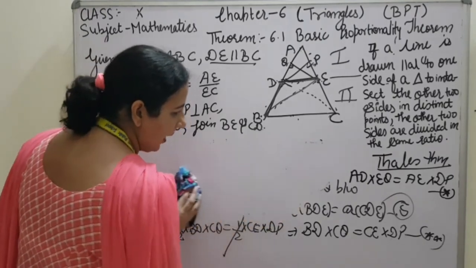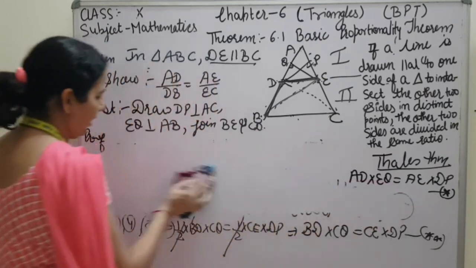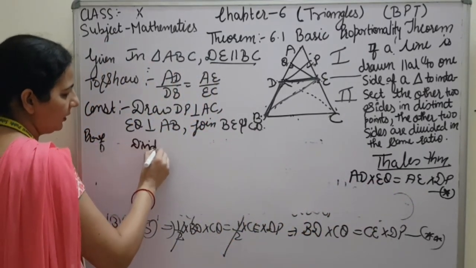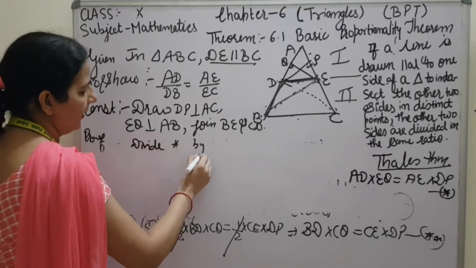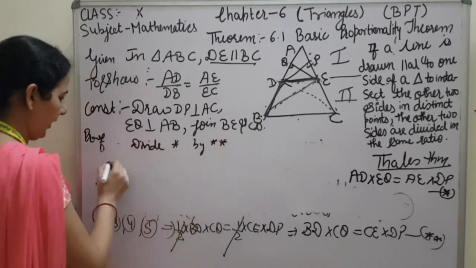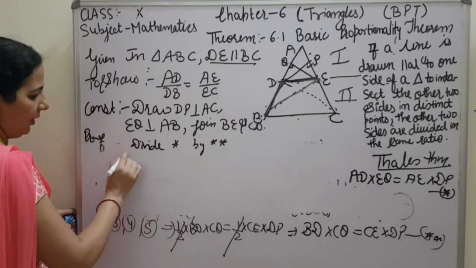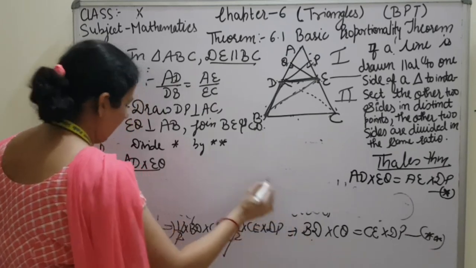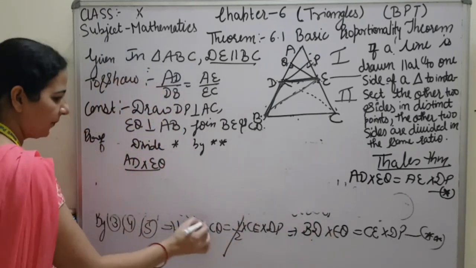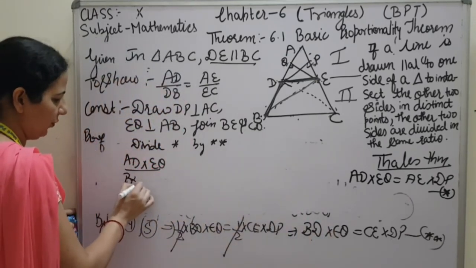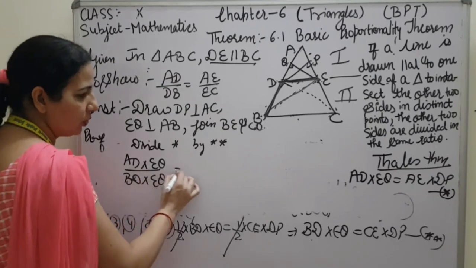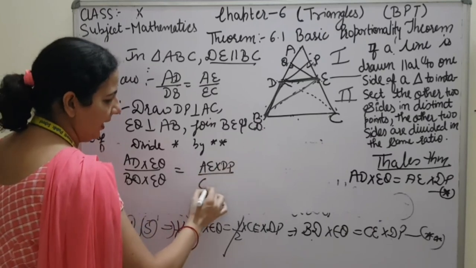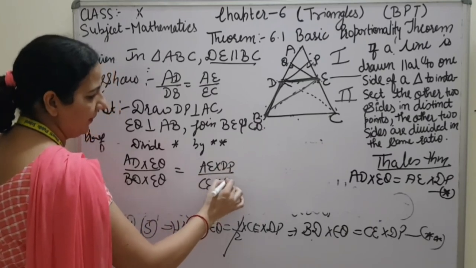Here we are going to use star and double star. So what I am going to write here: divide star by double star. So we can say AD into EQ divided by BD into EQ is equal to A into DP divided by CE into DP.